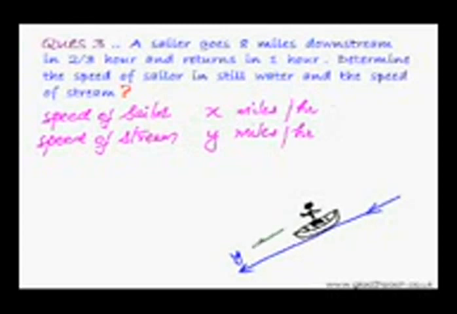So when the sailor is going downstream with his speed x, then his speed and the speed of the stream are going to get added since they are in the same direction. So that means the resultant downstream speed would be x plus y.